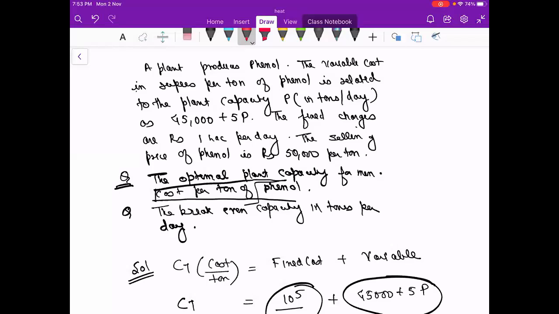It is mentioned, na Ritik? Plant capacity as this tons per day.